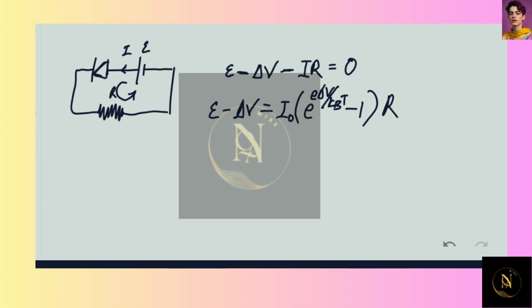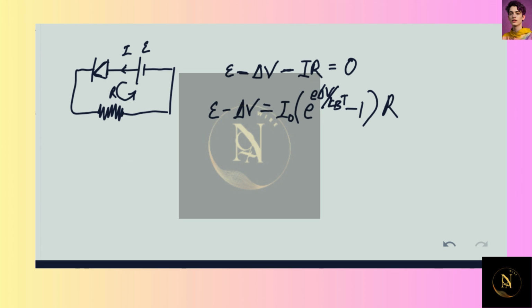Now we want to solve for this by plotting two graphs, and we want to find the intercept between these two graphs. So what are the two graphs we're going to draw? For this you'll need a graphing calculator, but for me I'll just sketch out what the graphs will most likely look like. You want to graph with respect to delta V, because we want to find what our delta V is.